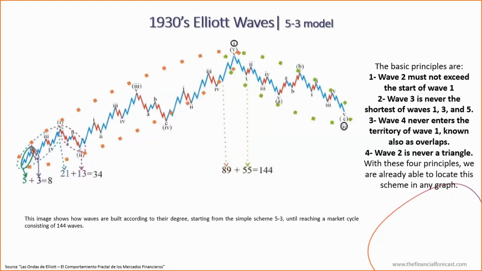Wave 2 is never a triangle because Elliott identified triangles as the pattern preceding the last motive wave. So if we see a triangle, we will then see another movement to the upside, if we're talking about a bullish pattern, but then we will see a reversal and a correction of a higher degree.